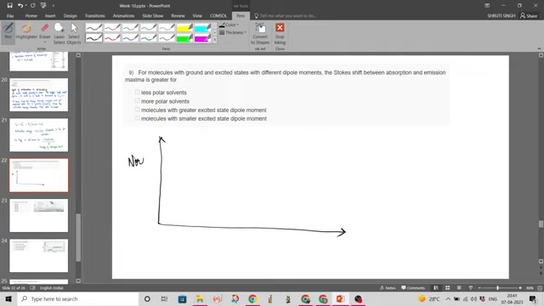This is the normalized fluorescence intensity, and here is the wave number. So it's the reverse of wavelength.